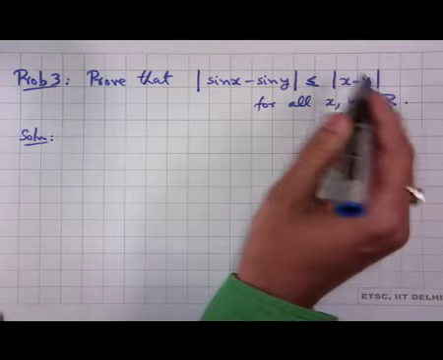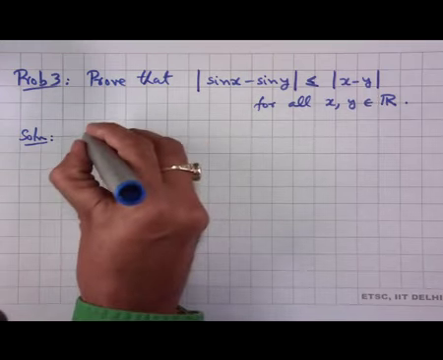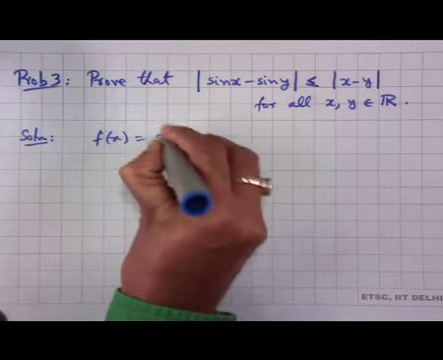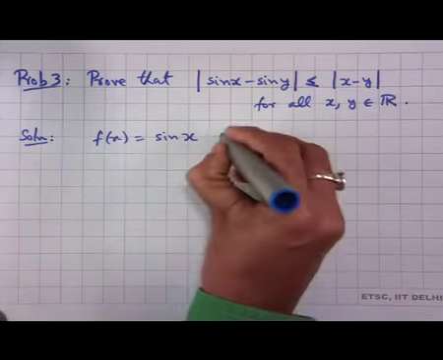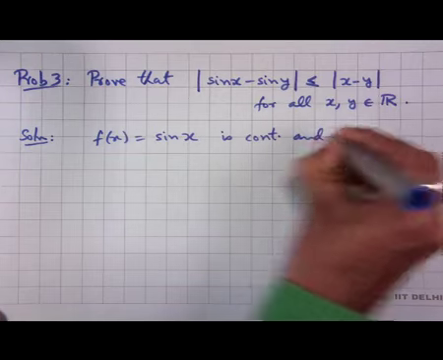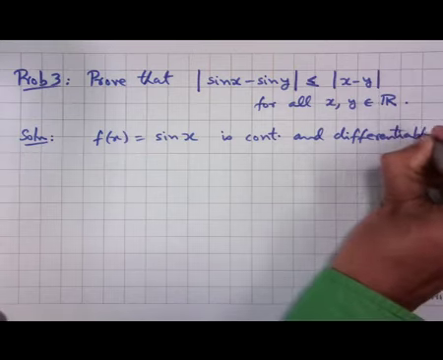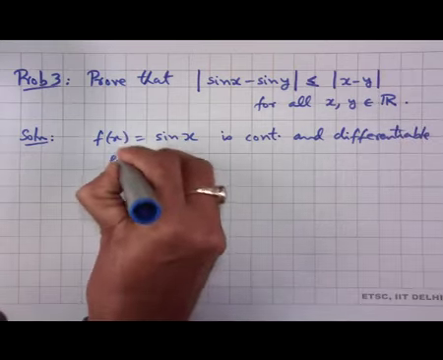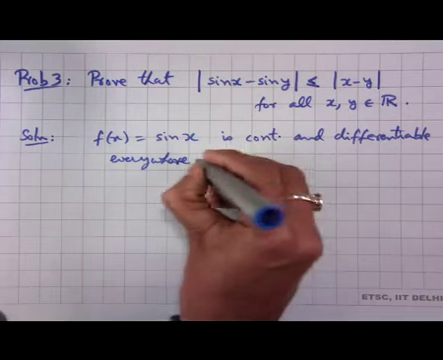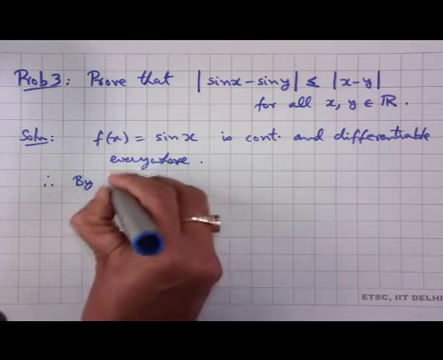So, to prove this inequality, we note that if I take f x equal to sin of x, this is continuous and differentiable everywhere. So, we can apply the mean value theorem.